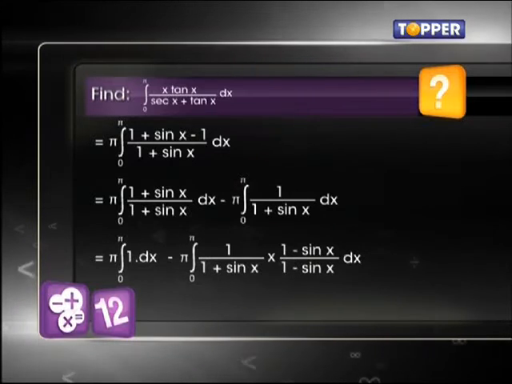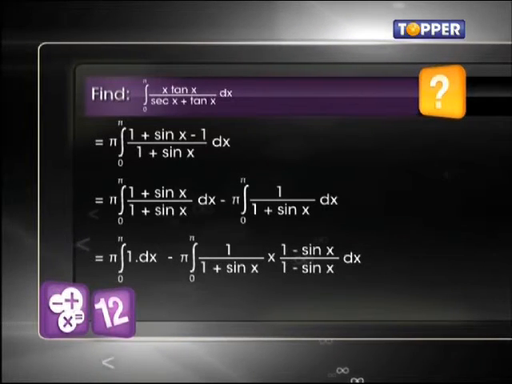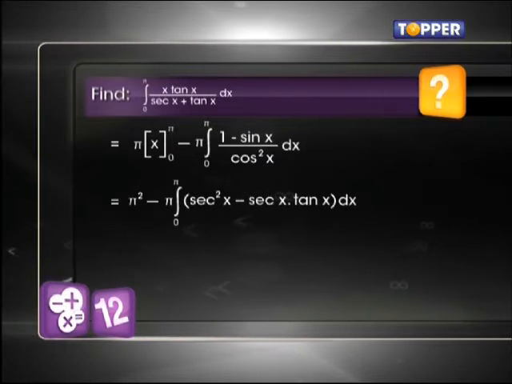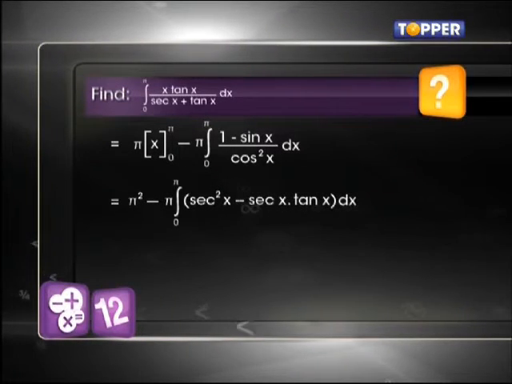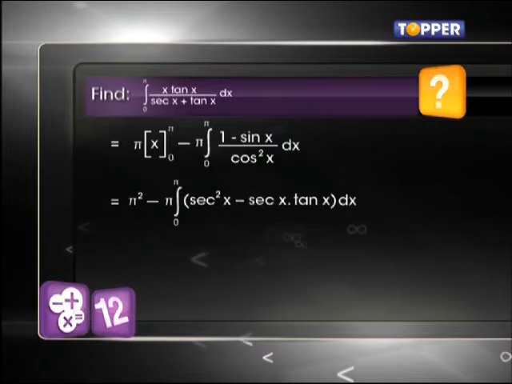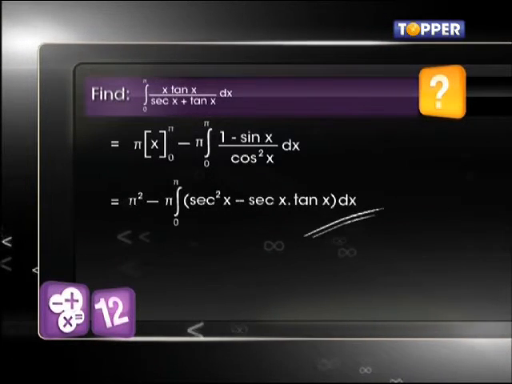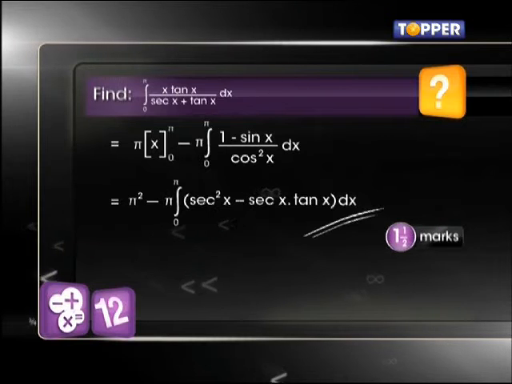Next we add and subtract 1 to the numerator. Finally, using the conjugate of the denominator, we get pi square minus pi into indefinite integral of sec square x minus sec x into tan x into dx at the limits from 0 to pi.